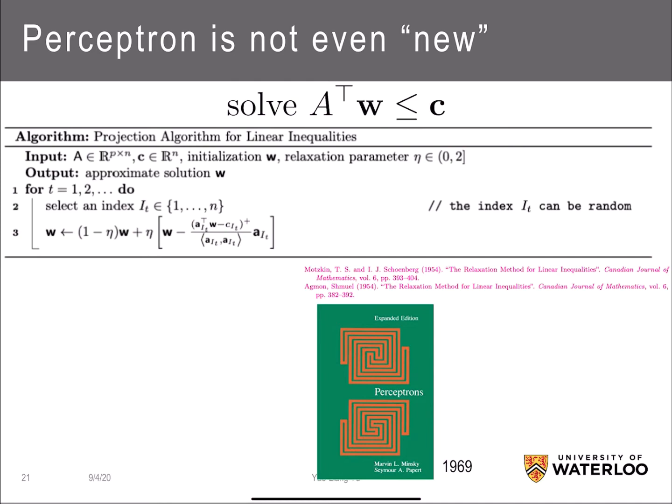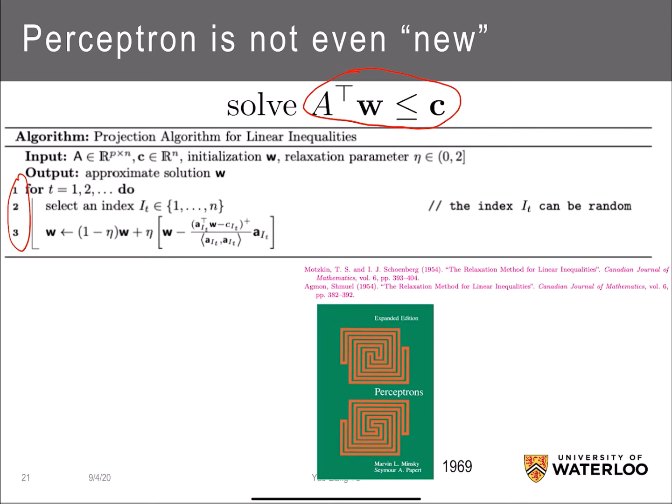But the interesting thing is, it was actually not even new, in the sense that there was another algorithm, now called the projection algorithm, for solving linear inequalities. Basically, if you want to solve this linear inequality system, then there's a very simple algorithm shown here.